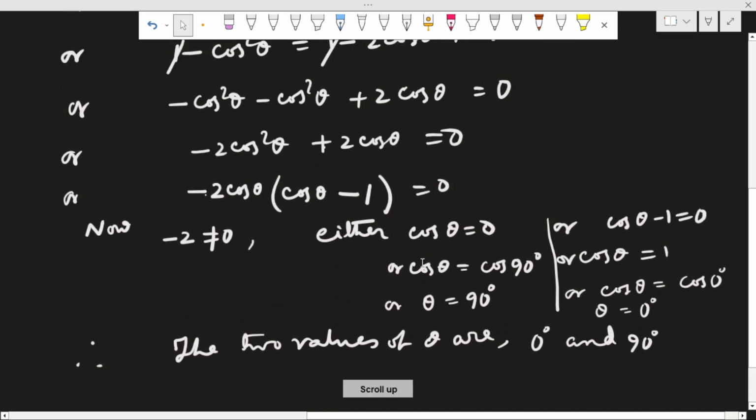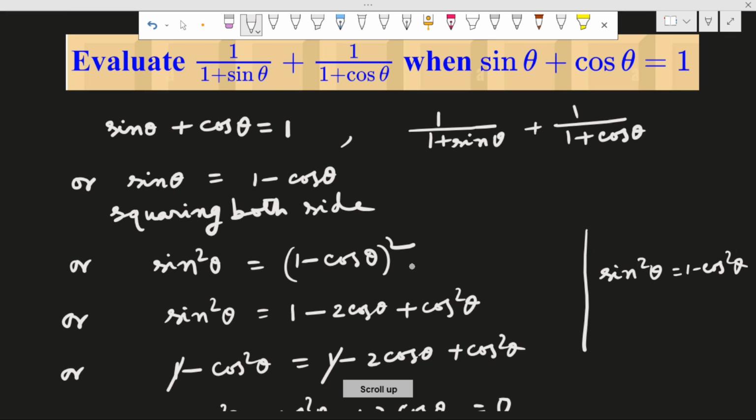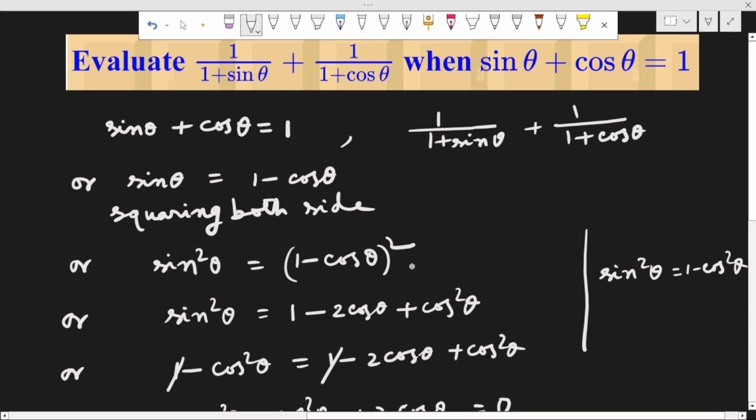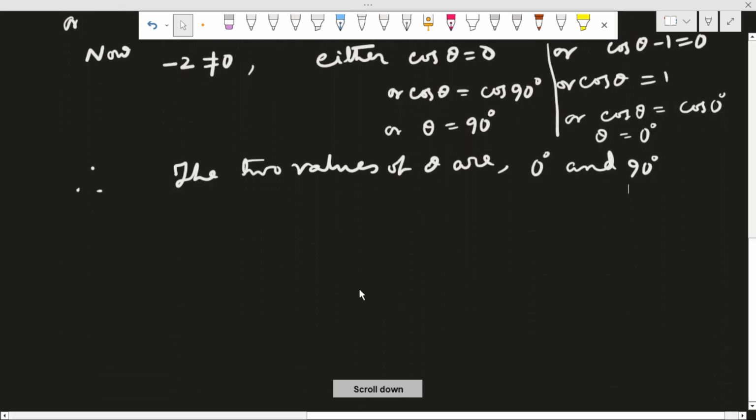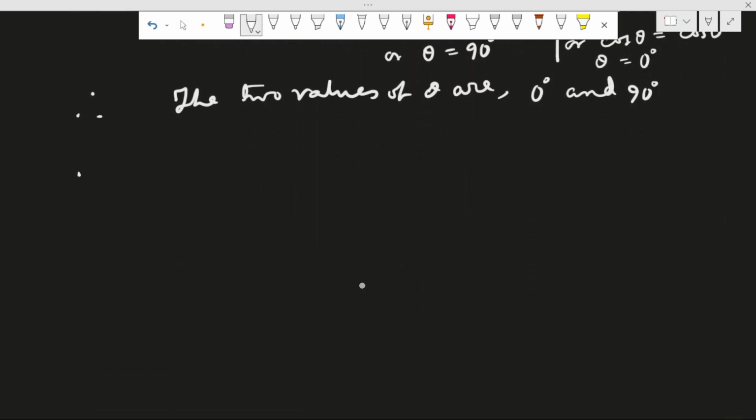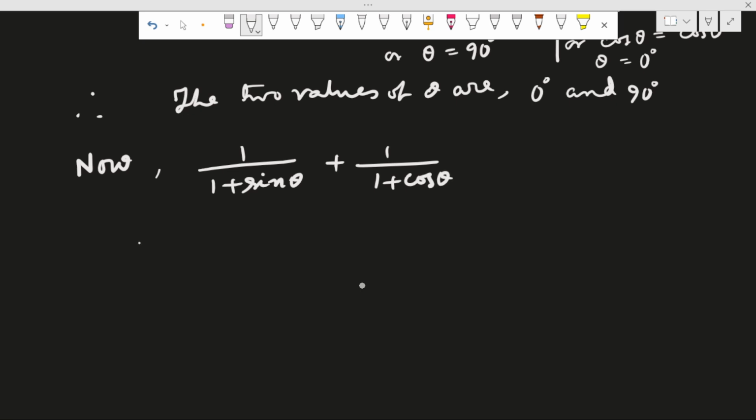The given expression is 1 by 1 plus sin theta plus 1 by 1 plus cos theta. So right now, 1 by 1 plus sin theta plus 1 by 1 plus cos theta.